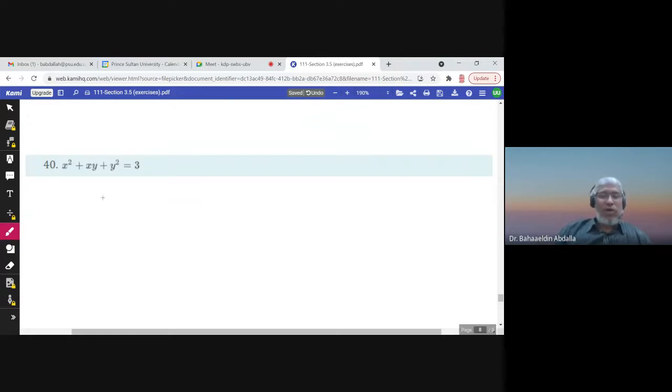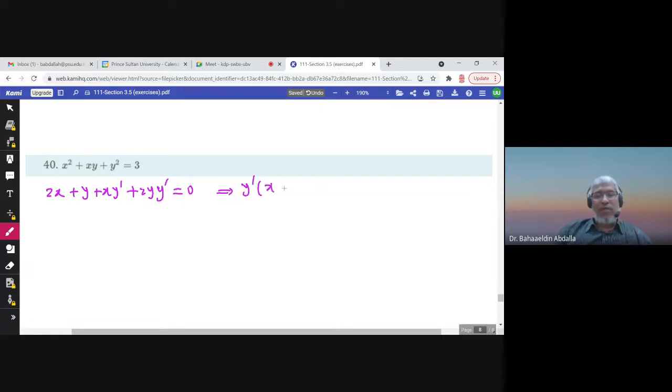Same question, find y double prime. So 2x plus the derivative of xy, which is 1 times y plus x times y prime, plus the derivative of y squared, 2y y prime. Let me solve this equation for y prime. So I take y prime as a common factor.